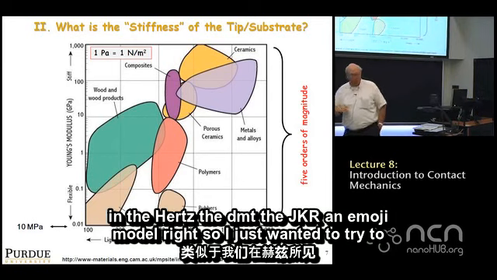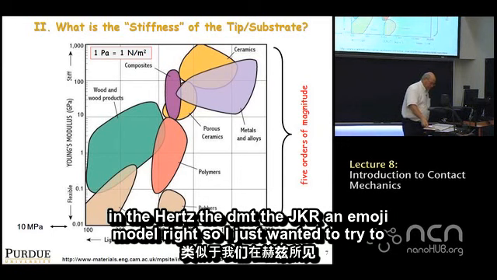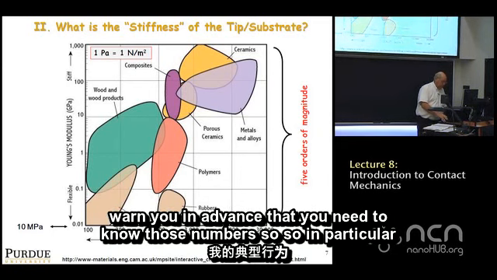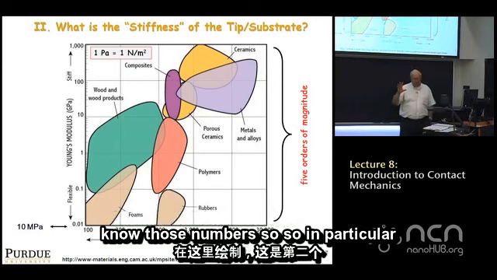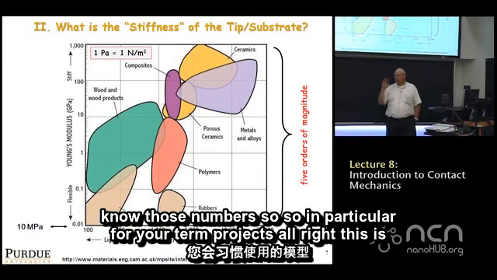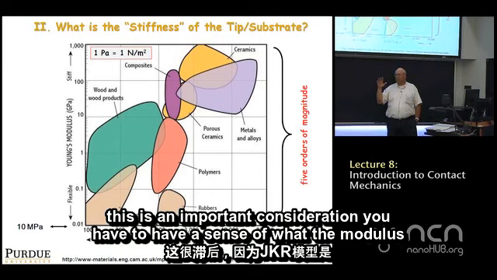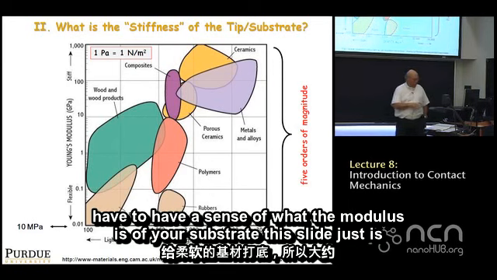So I just wanted to warn you in advance that you need to know those numbers. So in particular for your term projects, this is an important consideration. You have to have a sense of what the modulus is of your substrate.